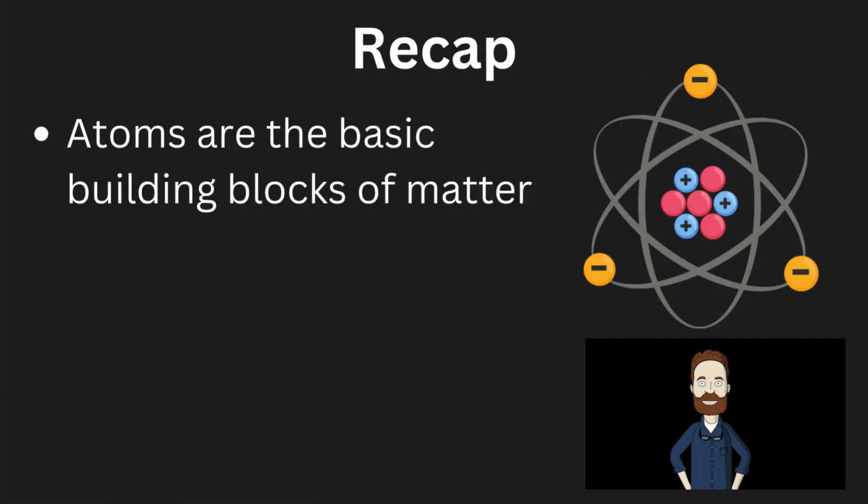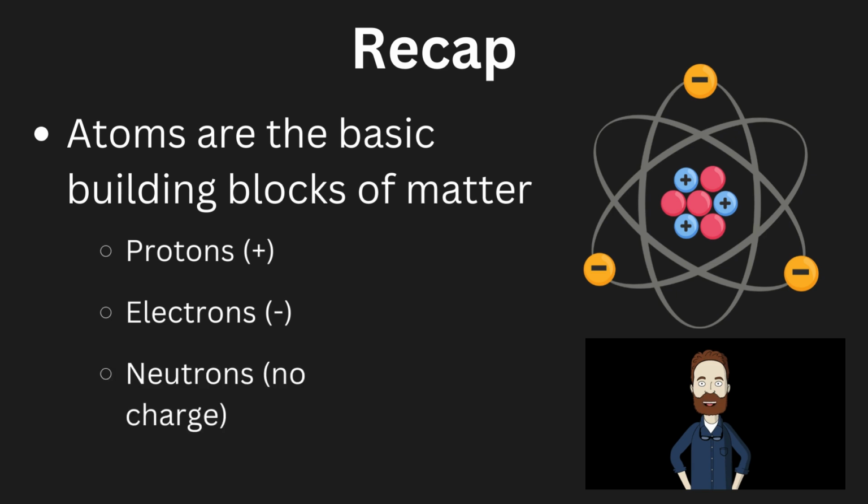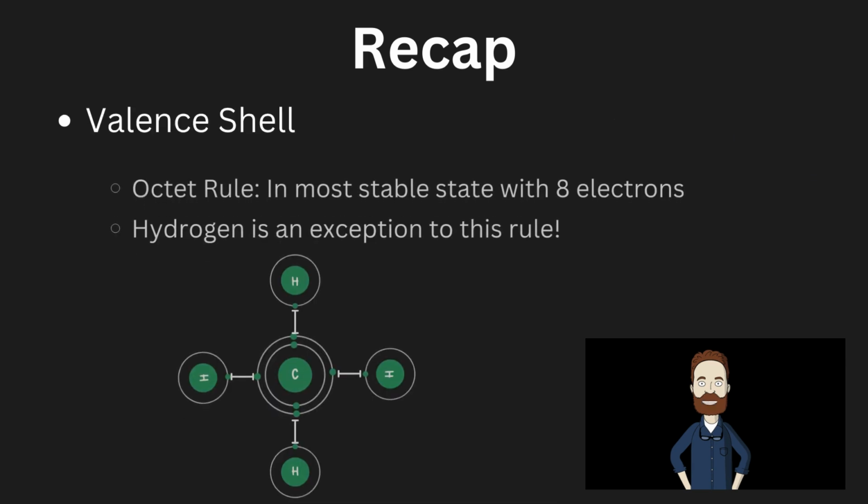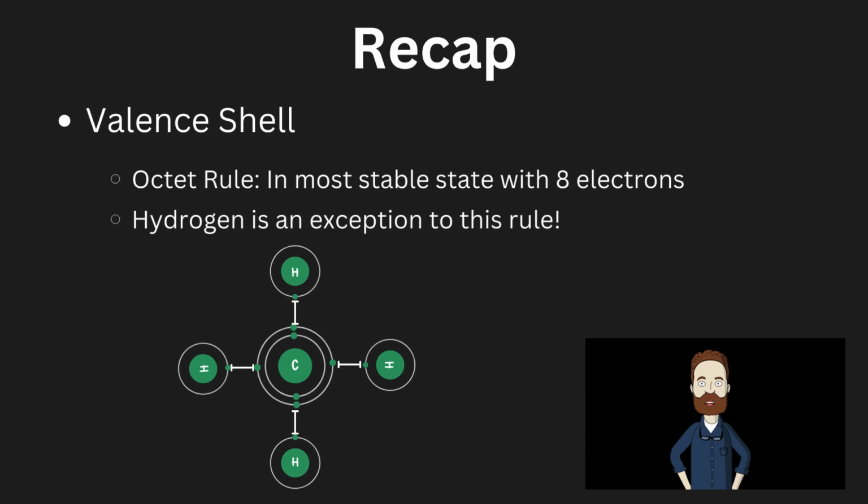I think we're about ready to wrap up this section, so let's recap. Atoms are the basic building blocks of matter. They can have positively charged protons, negatively charged electrons, and neutral charged neutrons. The outermost electrons of an atom live in a valence shell, which is in its most stable state when there are 8 electrons present.